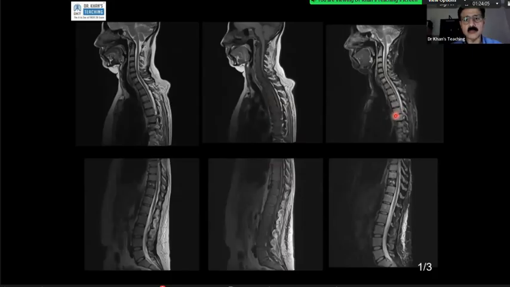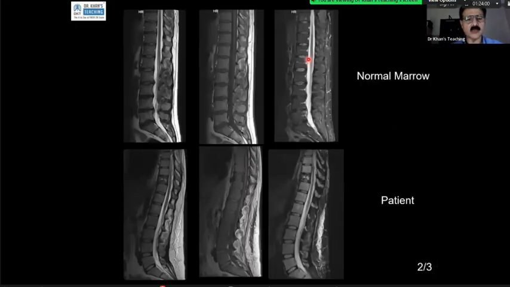And you have to develop your eyes on a normal scan. So let's see how a normal STIR looks like. This is a normal patient. This is how a normal marrow is. It all depends on the age of the patient, and it all depends on the quantity of fatty marrow. But this is the fatty marrow, which is brighter as compared to the intervertebral disc on a T1.